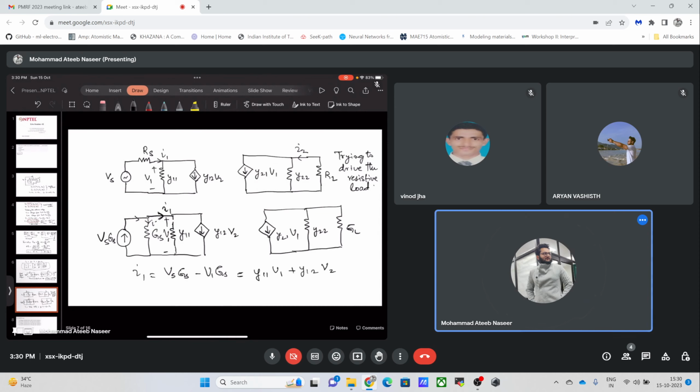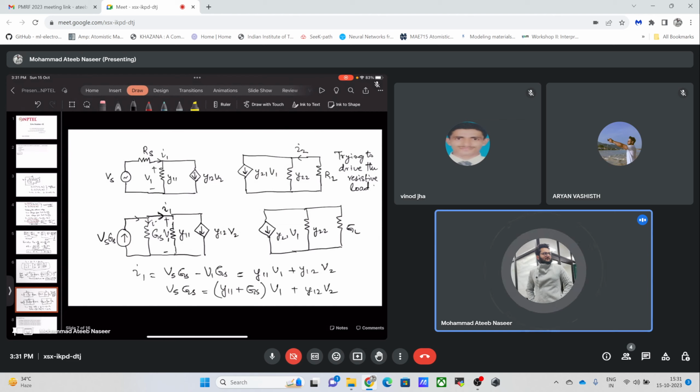From this we can write Vs times Gs is simply equal to Y11 plus Gs times V1 plus Y12 times V2.